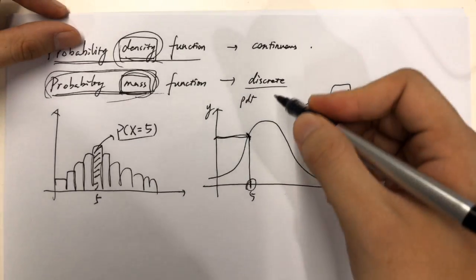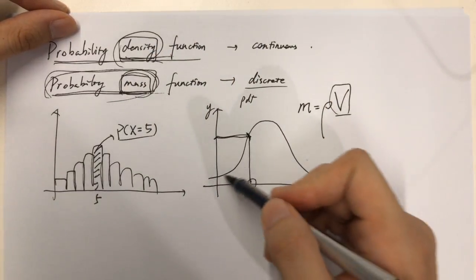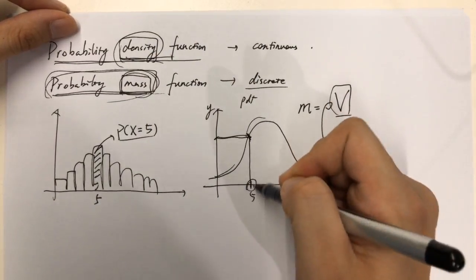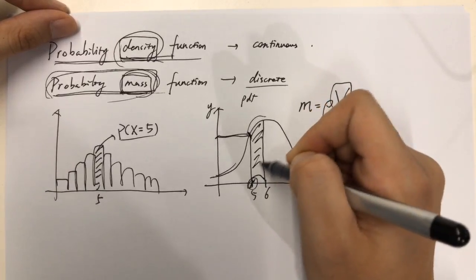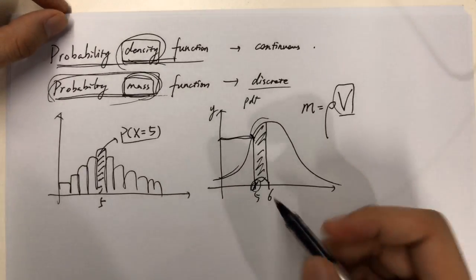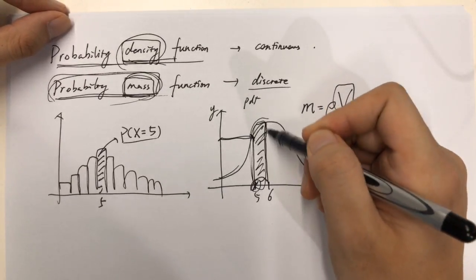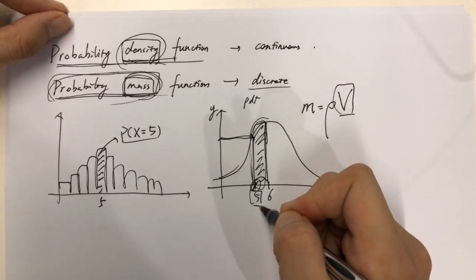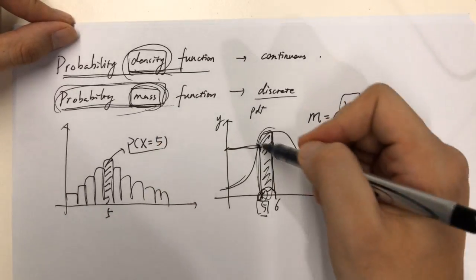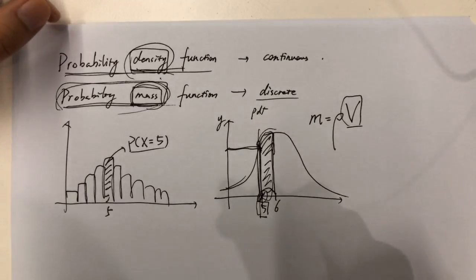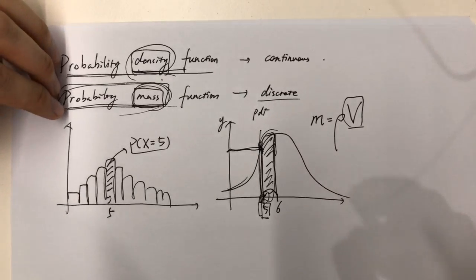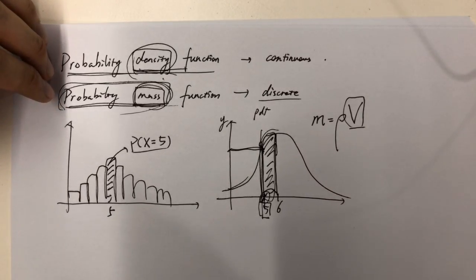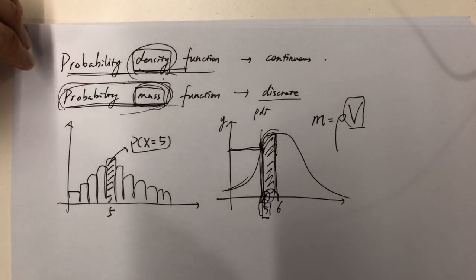That's why by integrating this probability density function from one value to another, for example from 5 to 6, we can get what is called probability mass. But simply by plugging in one value, we only get the density at this point. That's how we understand the probability density function and probability mass function. Hopefully, Nancy Lee, this helps you answer your problem, okay?